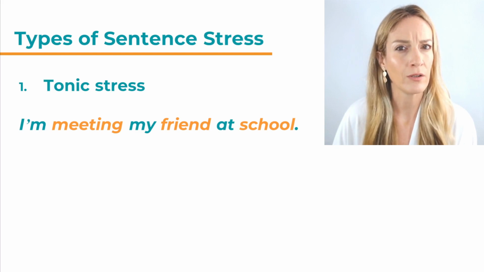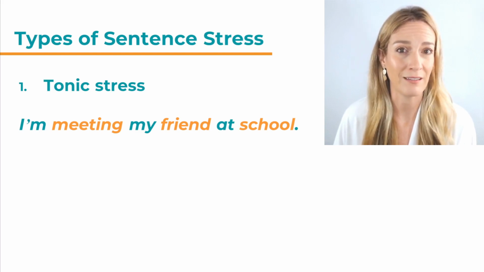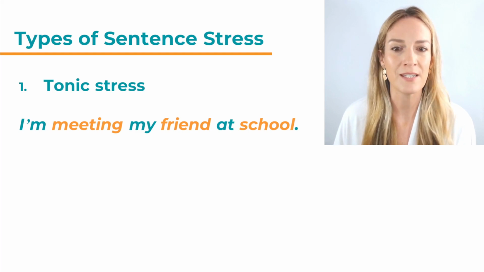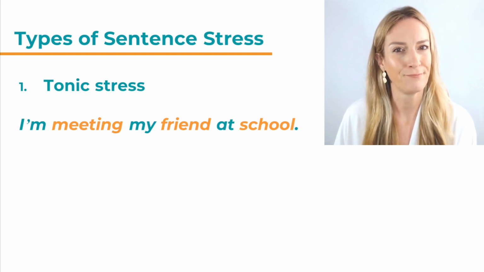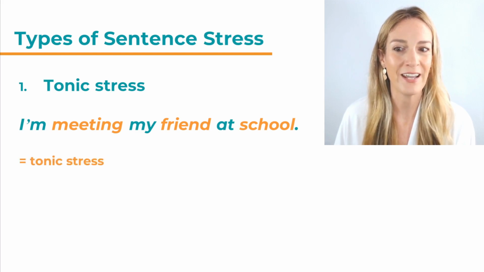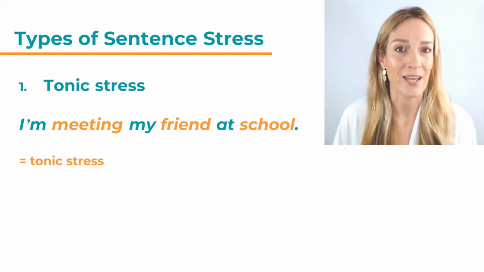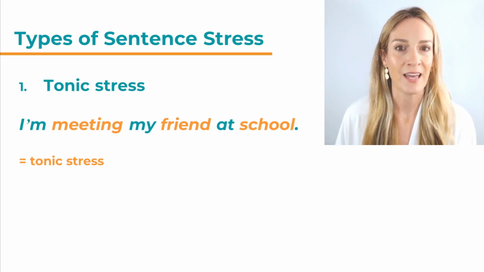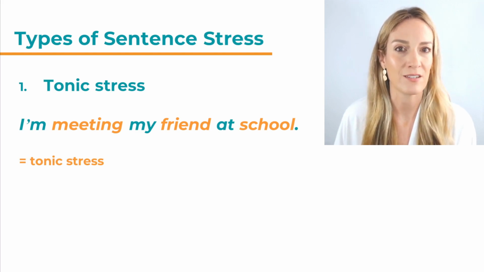But if you only heard I'm, my, at, it doesn't tell you anything. But if you heard meeting, friend, school, you could kind of guess what I'm trying to tell you. Meeting, friend, and school would be stressed in that sentence, and that is what we call tonic stress.